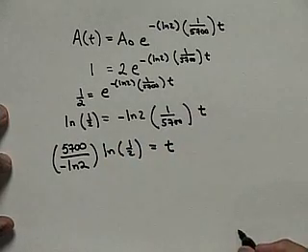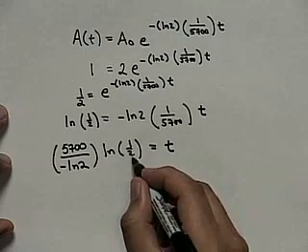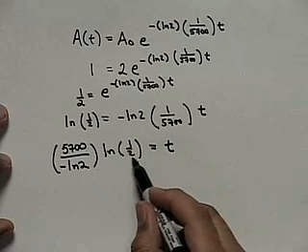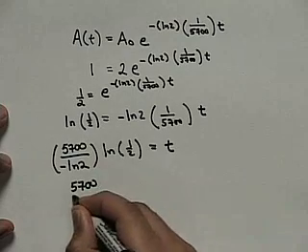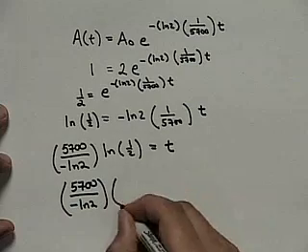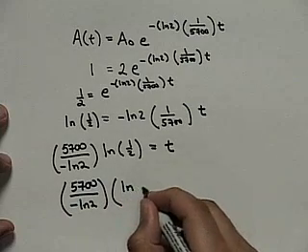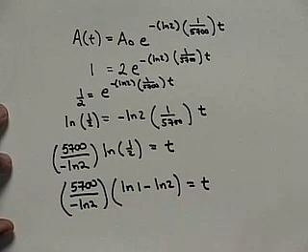And now making use of some logarithm rules, we can use the natural log of a over b equals the natural log of a minus the natural log of b for the ln of 1/2. So what that gives us is 5700 over the negative ln of 2 times, now making use of that rule, the natural log of 1 minus the natural log of 2 equals t.